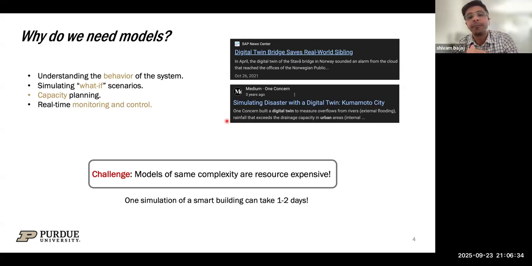For your reference, one simulation of a smart building can take 1 to 2 days. This is based on a talk that I attended by PNNL. So you can imagine, if one simulation of a smart building can take 1 to 2 days, simulating an entire city, such as this digital twin in Japan, can take a long time.